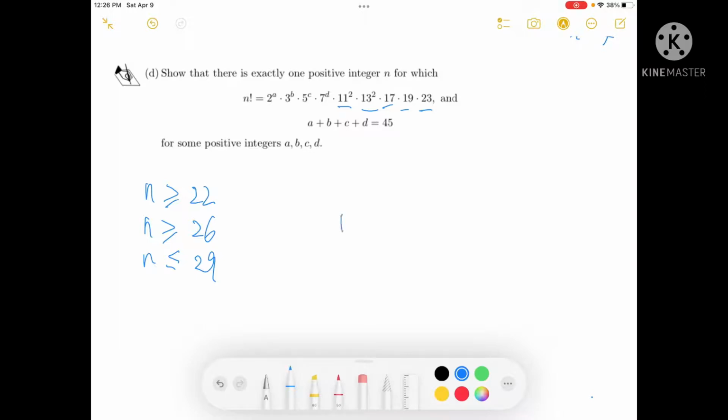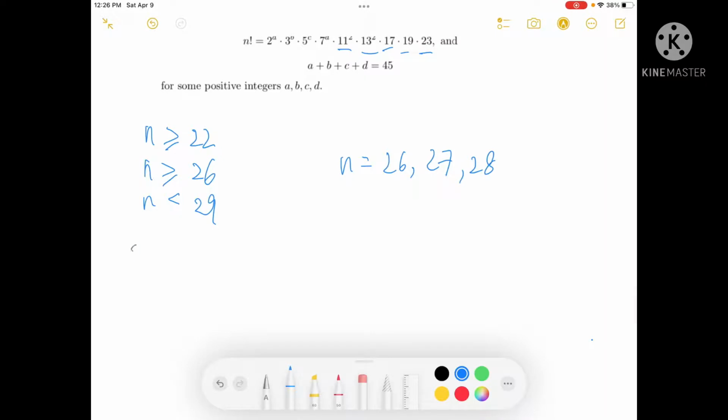So we know that n must be either 26, 27, or 28. So we can just analyze the factors of 26 factorial first, and if it does not work, we can work up to 27 and 28. So this will be the most efficient.